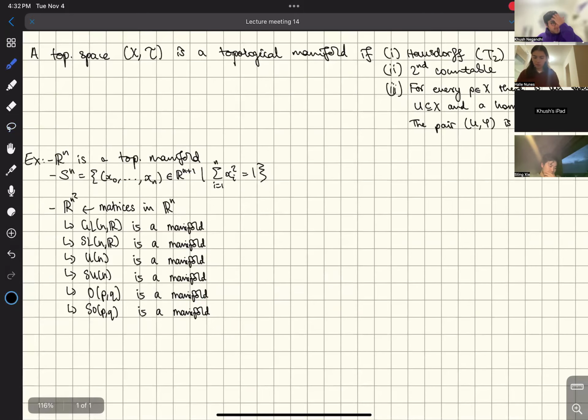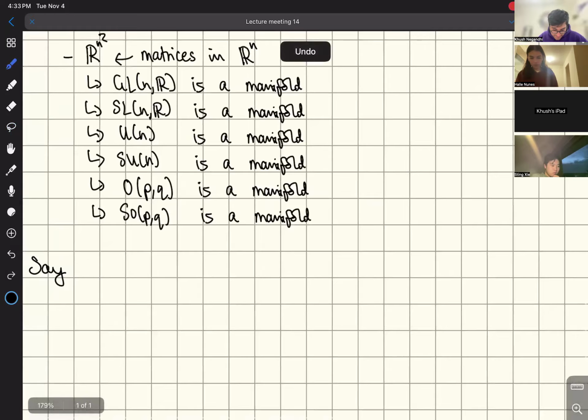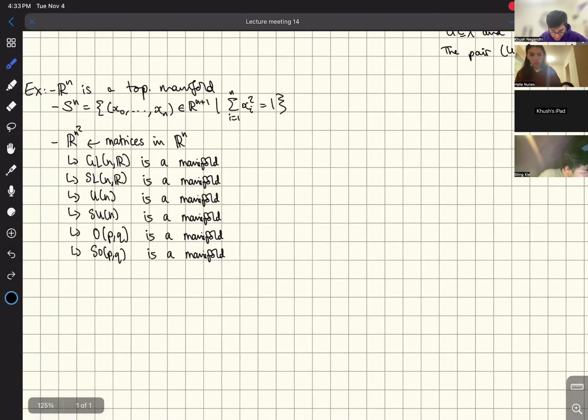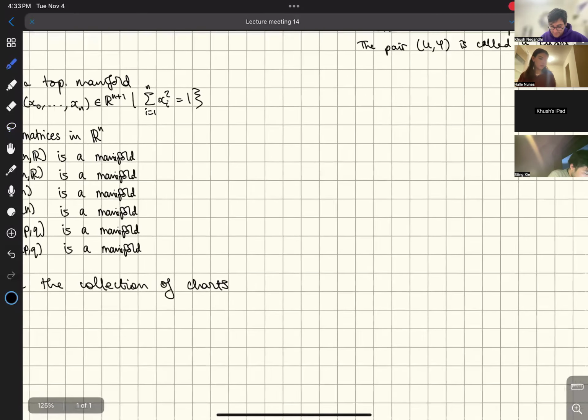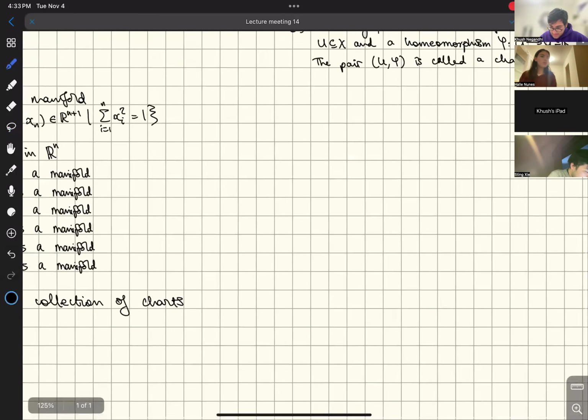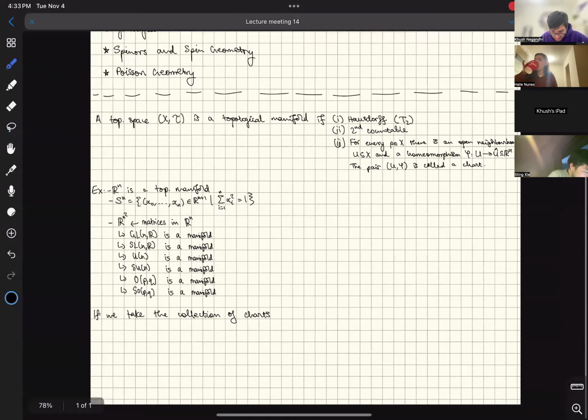Okay. So, topological manifolds, there's more definitions. If we take the collection of charts, how do I want to word this?